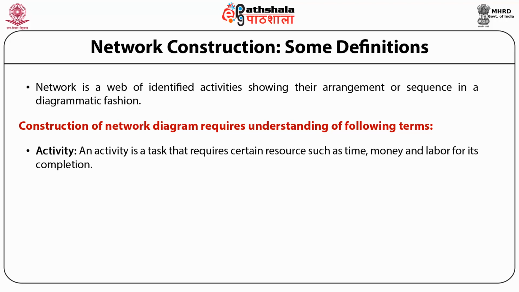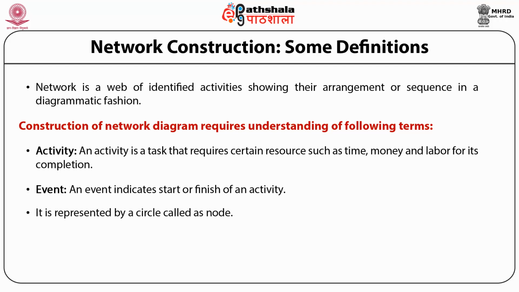An activity is a task that requires certain resources such as time, money, and labor for its completion. In a network diagram, it is represented by an arrow. An activity occurs over a period of time. Event. An event indicates the start or finish of an activity.